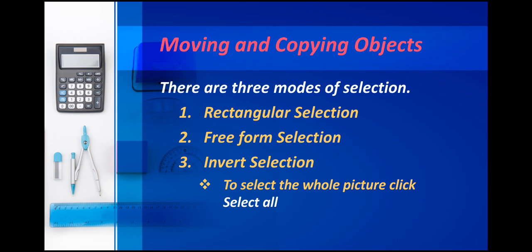And in the inverse selection, you have to pick the smallest one. This selection will invert the whole picture. It will reduce the whole big screen of the picture and give you the small part of the picture selected. You will learn better when you practice it.